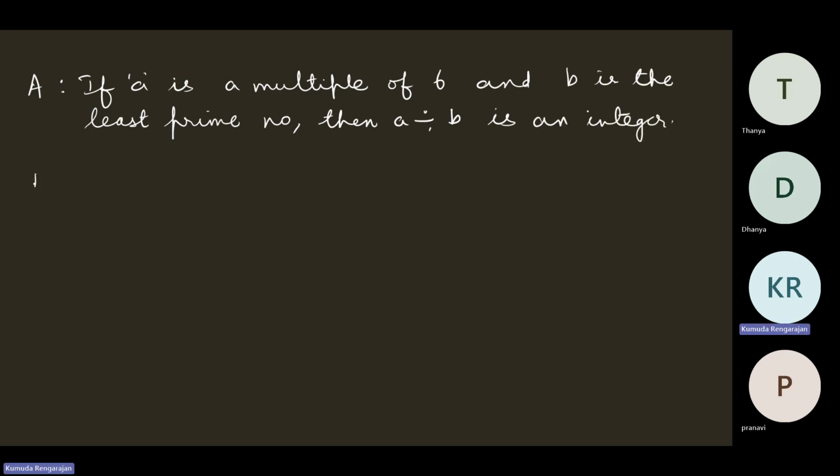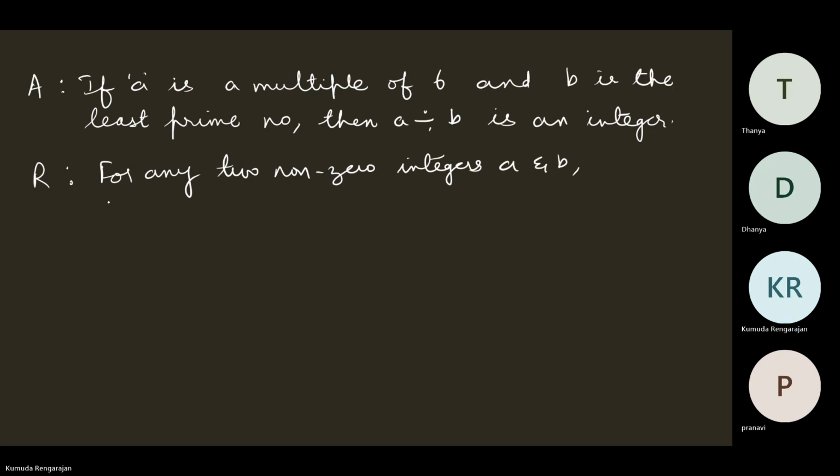The reason: for any two non-zero integers a and b, a divided by b is always an integer. Read this and try to understand as much as possible. I'll come back in 2 minutes.